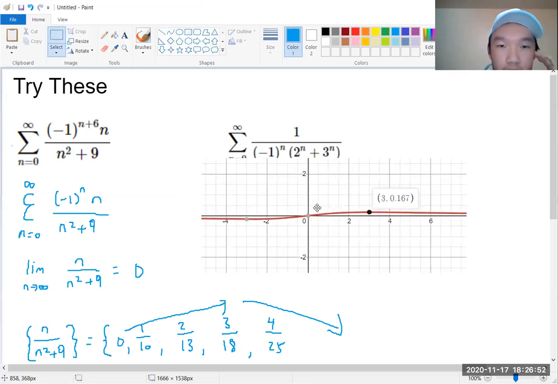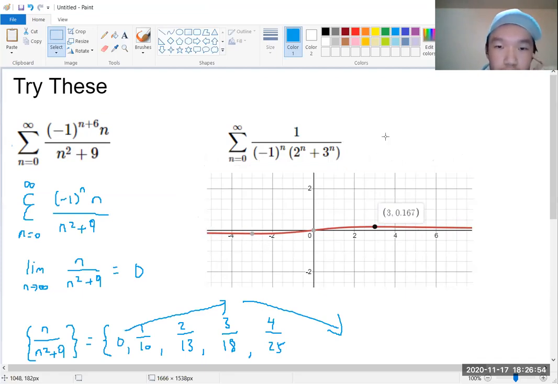All right, so here was the graph apparently. Yeah, so you can see that starting at 0, it was actually increasing, and then at 3 is when it starts decreasing. So that's fine. That satisfies our condition.